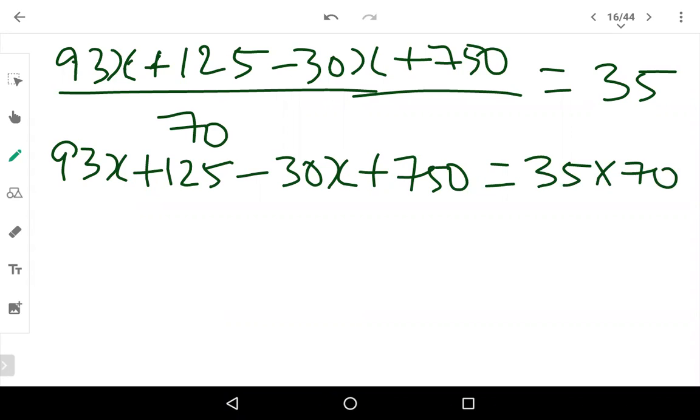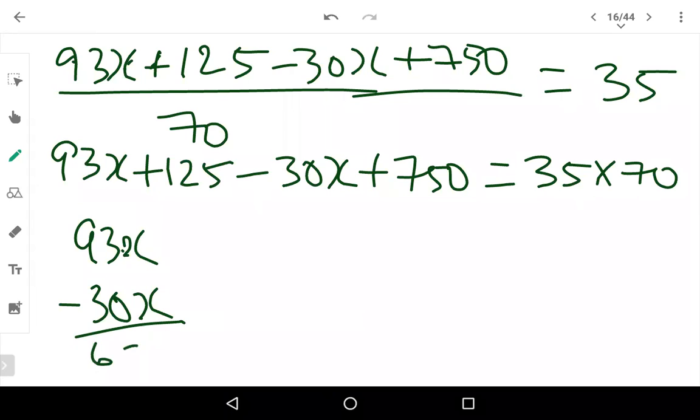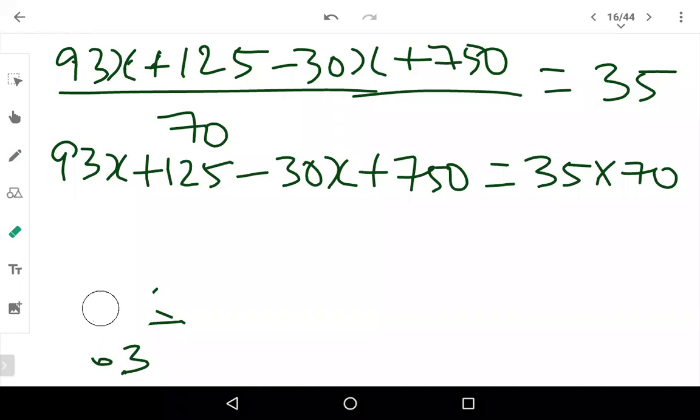Now let us do the simplification. 93x minus 30x. How much do you get? 93 minus 30 will be 63. 63x. So the first expression is going to be 63x.